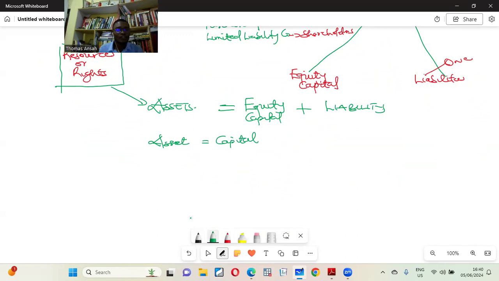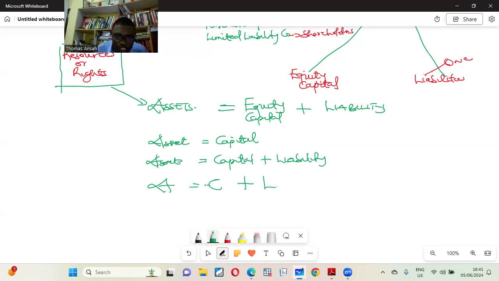Self-provided. If I am starting a business and I'm going to also borrow money from somewhere, then it means that my asset, which is my resources, will be equal to what? Capital plus the liability. So A, therefore, is equal to C plus L. Don't forget, another word for C is E, which is equity. All right.